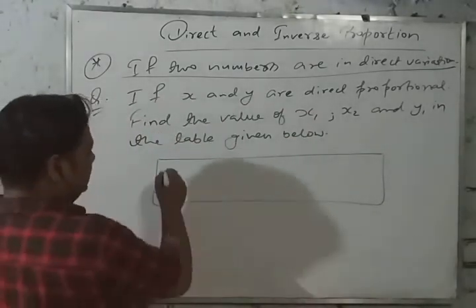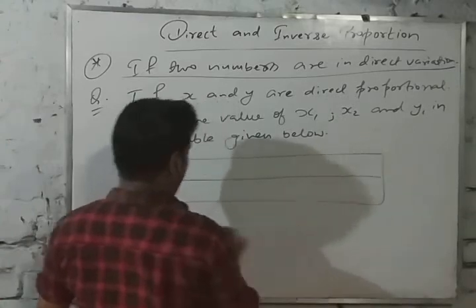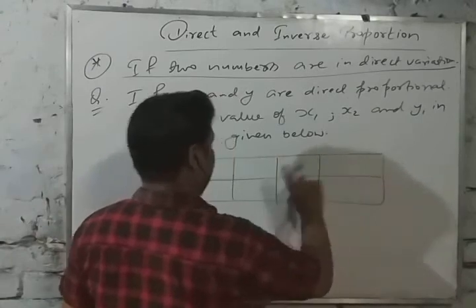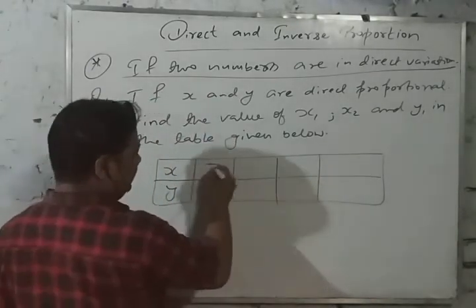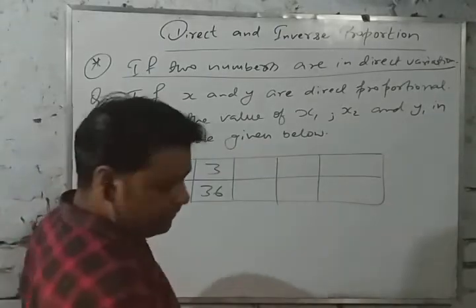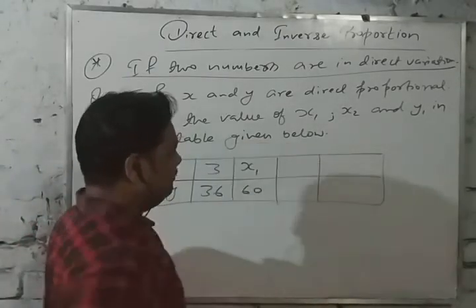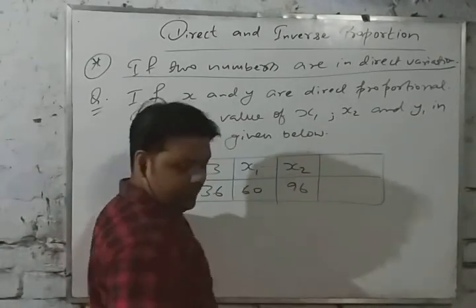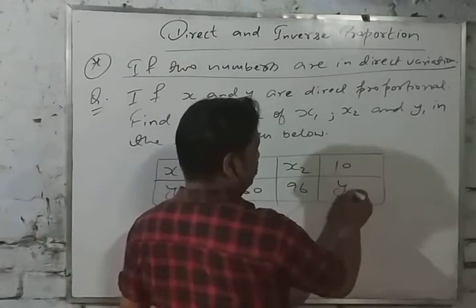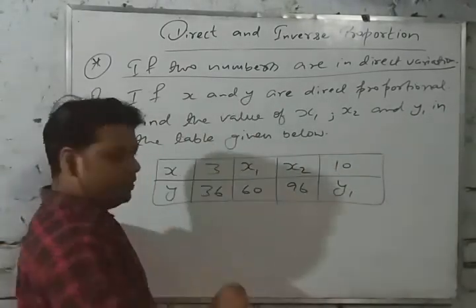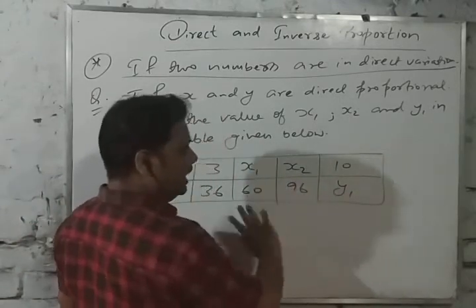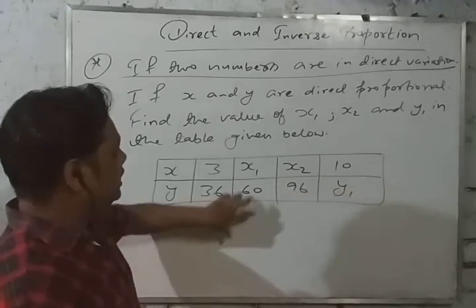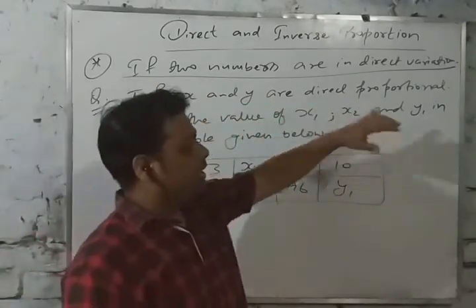Now in the table there is x, y. We have to find the values: given 3 and 36, x1 and 60, x2 and 96, 10 and y1. Now we have to find the values of x1, x2 and y1 because these three are unknown, and we have to find them by using the direct proportional property, because it is already given that x and y are direct proportional.